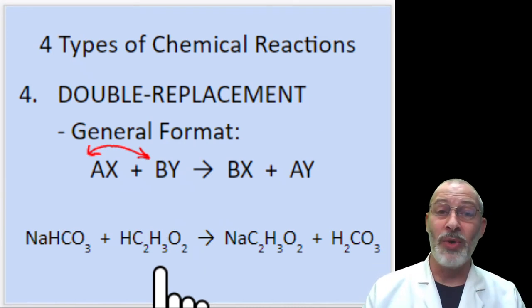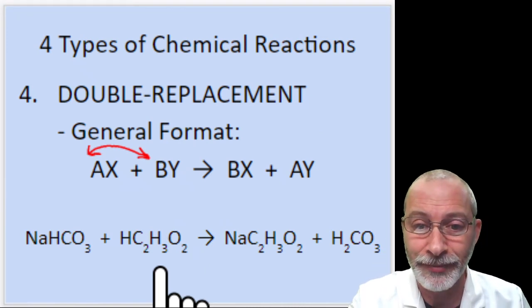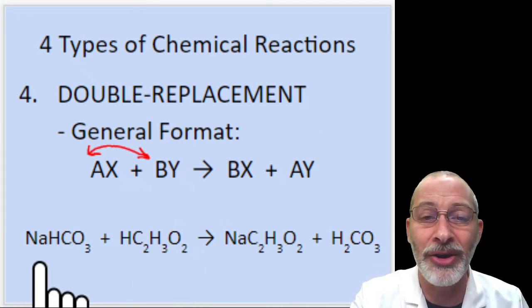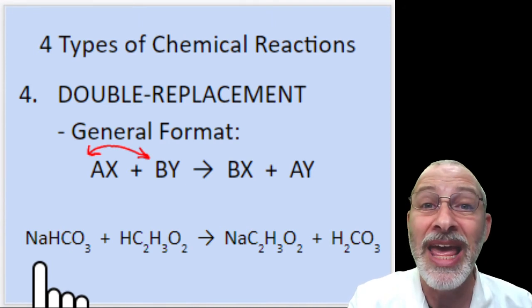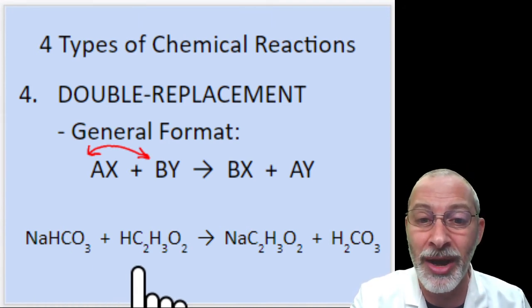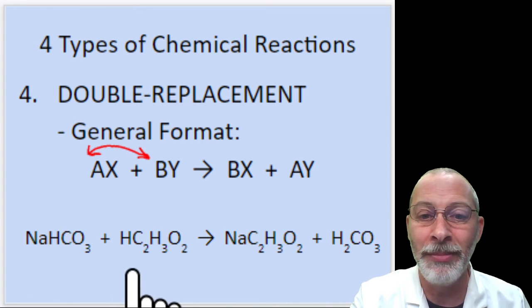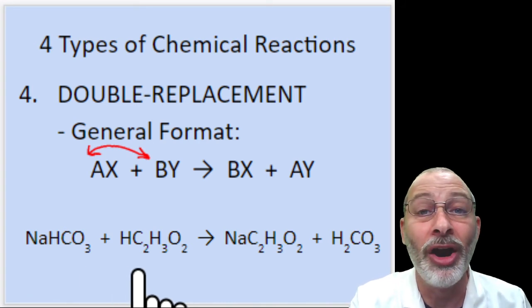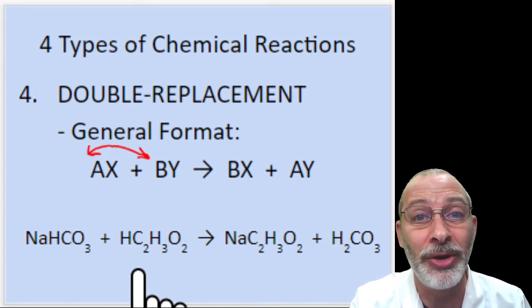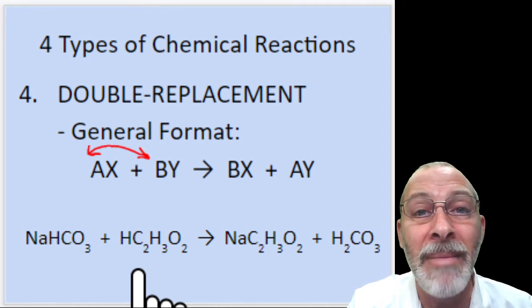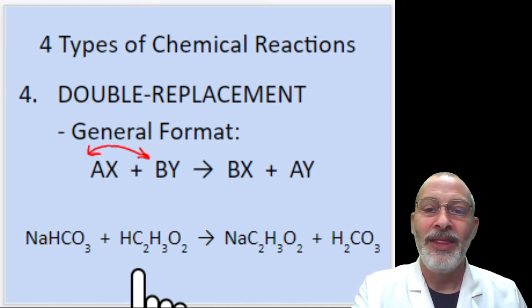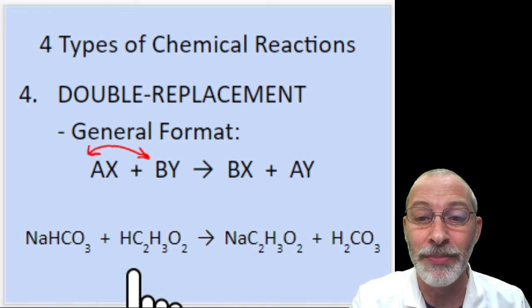And chemically, what is happening is this. Notice the first letter, the first symbol, the first element in each compound, sodium and hydrogen, located on the left side of the periodic table. They're both metals. This is a double replacement reaction.